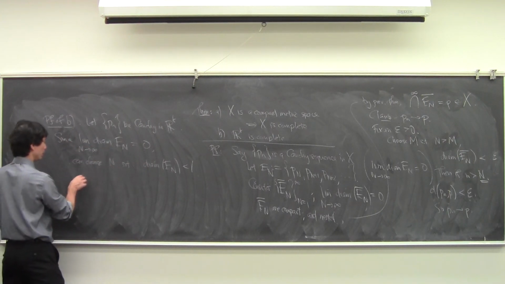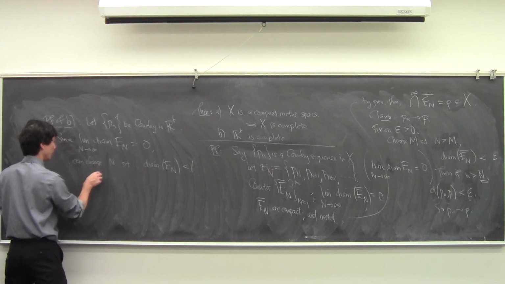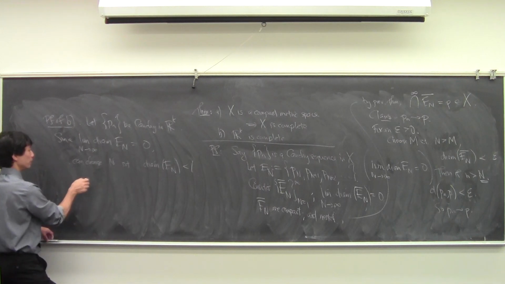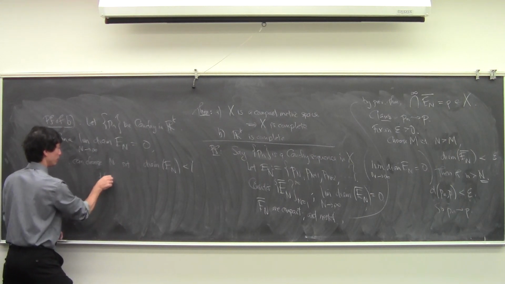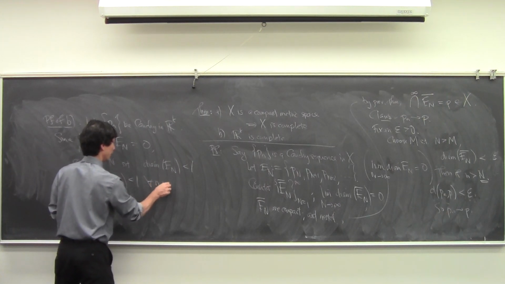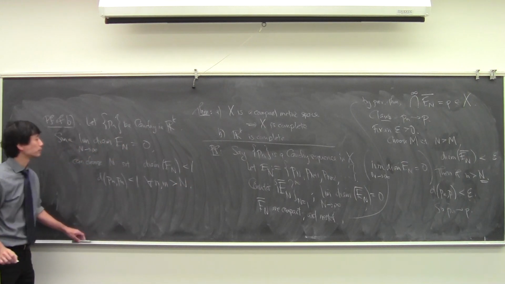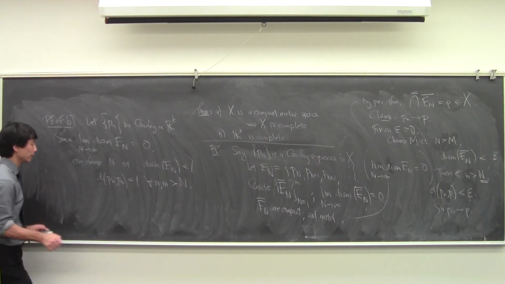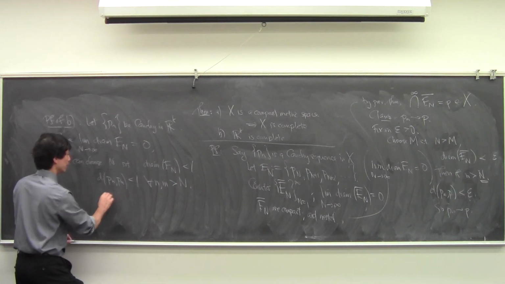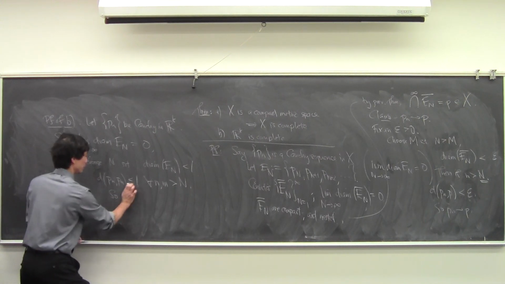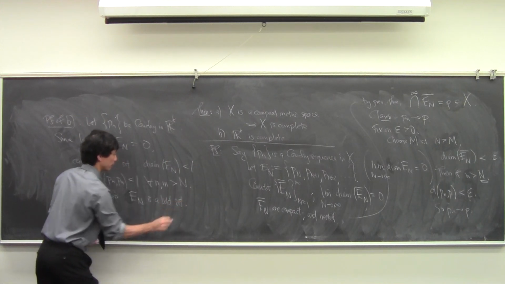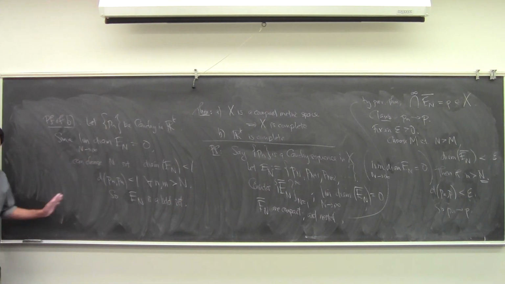Then the distance between p_n and p_m is smaller than 1 for all n, m bigger than N. And so E_N is a bounded set. The tail is bounded.